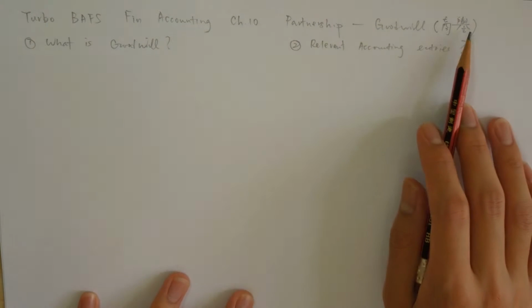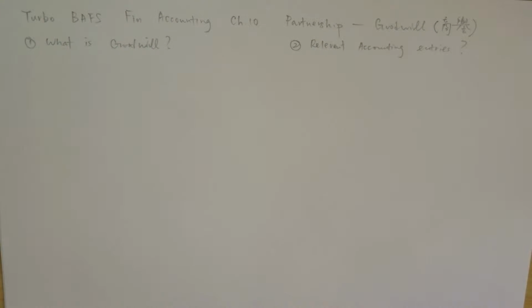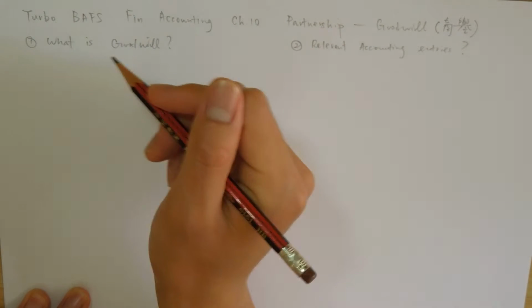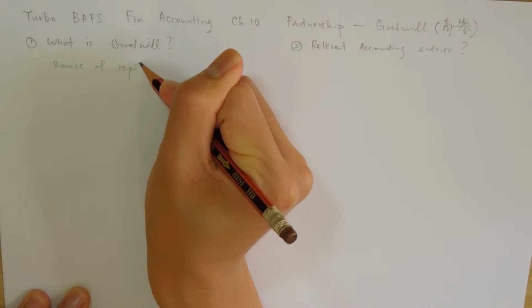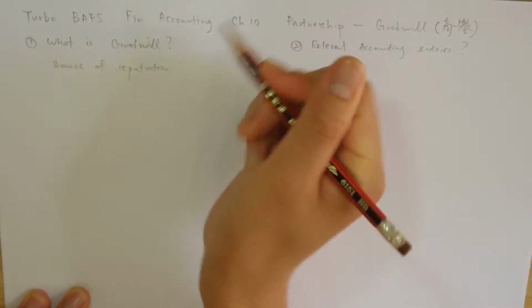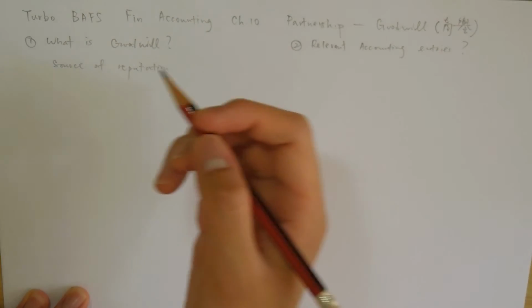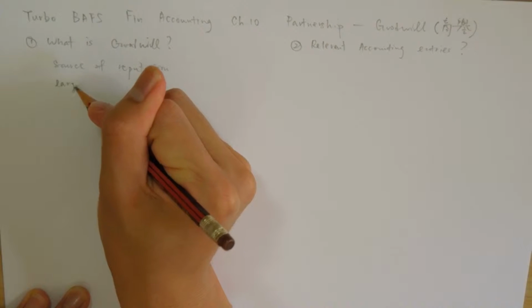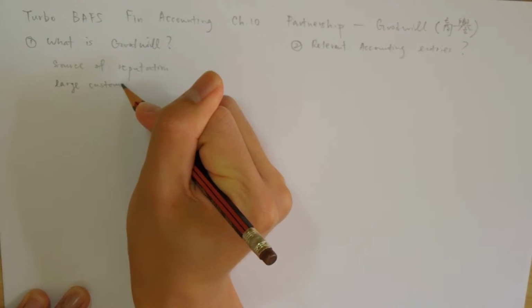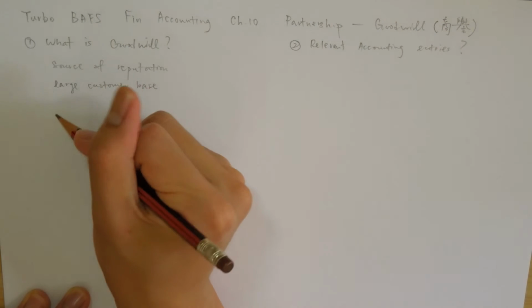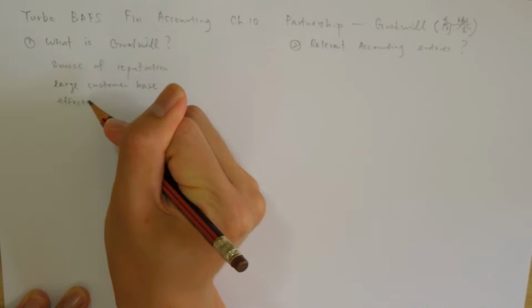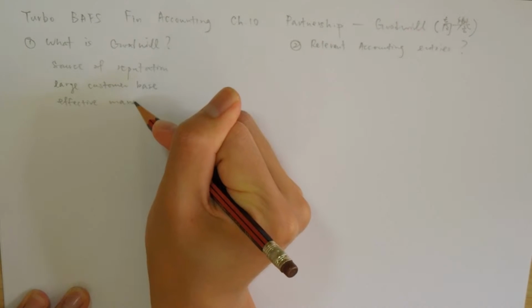Goodwill in Chinese, 商誉. So what does goodwill arise from? The business will come from, maybe the source of reputation, or maybe you have a very large customer base, or you may have a very effective management team.